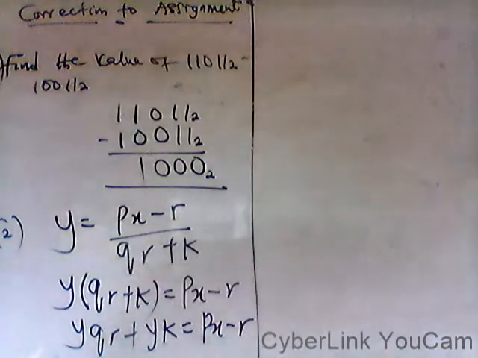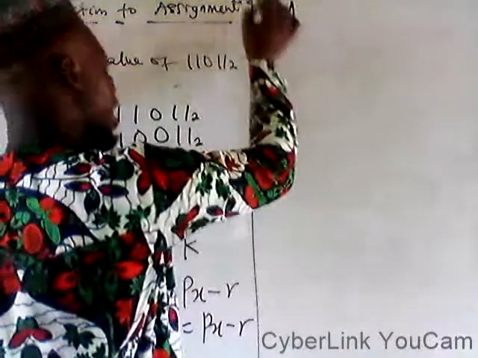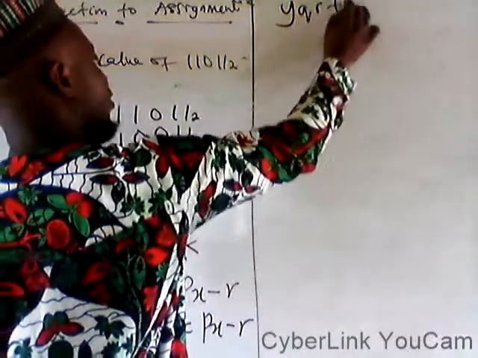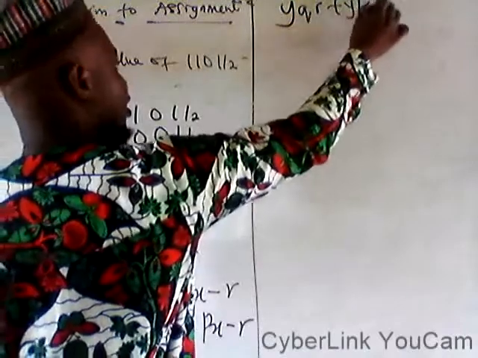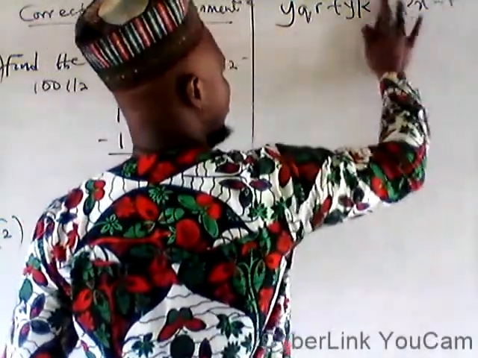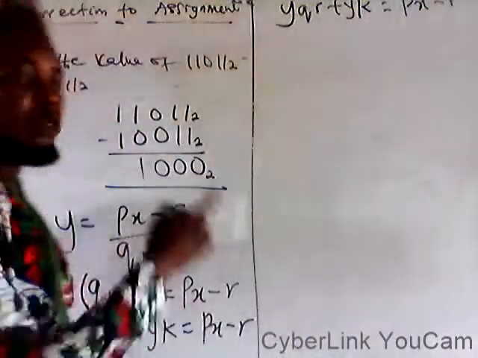You are going to collect the like terms. So let's do that. You have yQR plus yk equals Px minus R. Right? This is what you have.